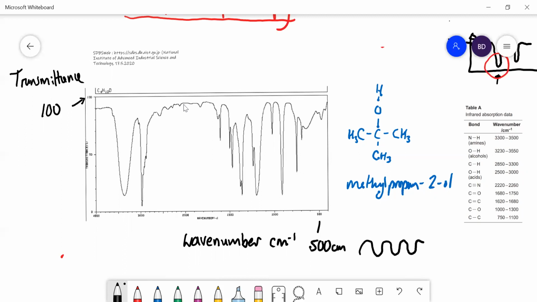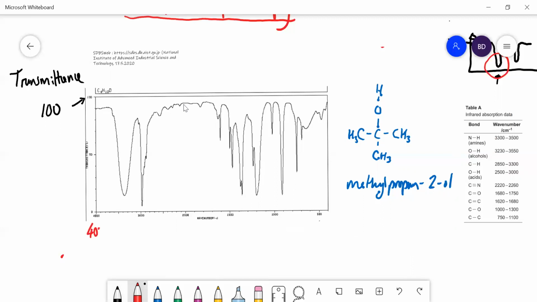So the bigger the wave number, the higher the frequency. So wave number is just, instead of measuring it in hertz, it's measured in per centimeter. Another funny thing is you'll see that this scale goes backwards. It starts off here at 4,000, and it ends up here at 500.